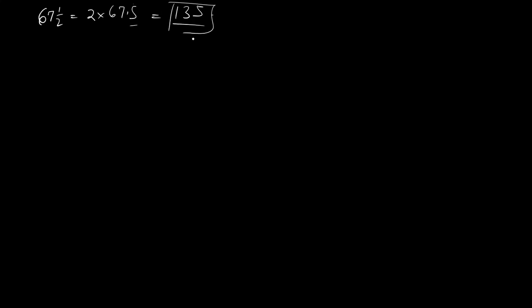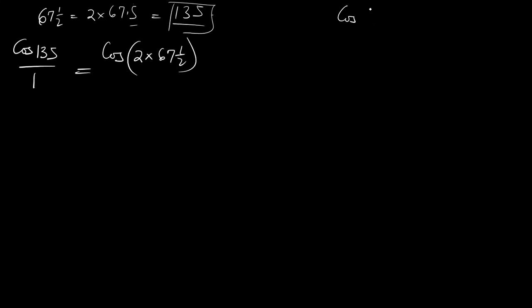So that means, now let's say cos 135 over 1. So this is simply saying cos 2 times 67 and a half.